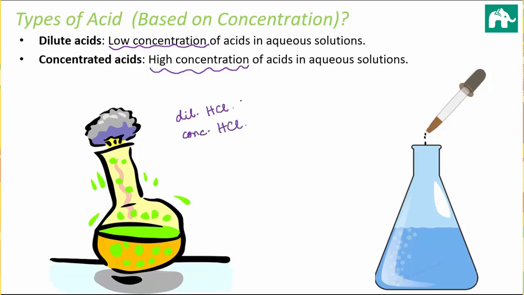Dilute means you have mixed a lot of water with the hydrochloric acid. Concentrated means you just have pure concentrated HCl, no water mixed into it. Obviously, concentrated hydrochloric acid is a lot more dangerous than dilute hydrochloric acid.